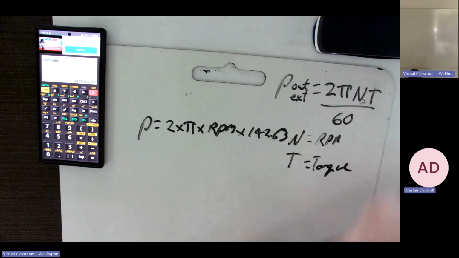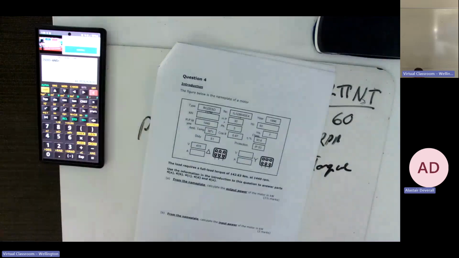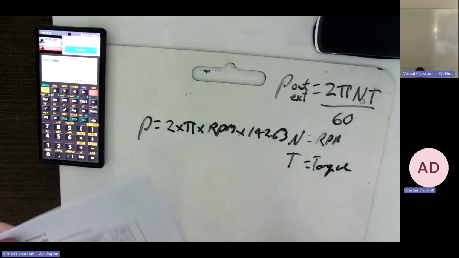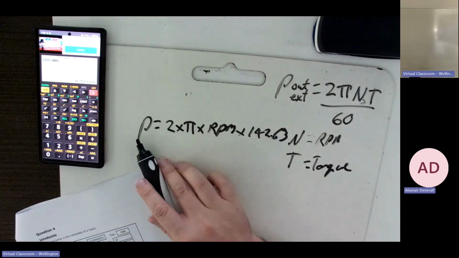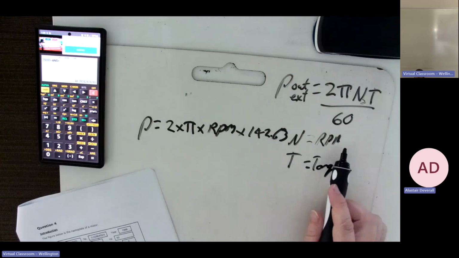And then what I missed, going back to question 4, because my challenge for why I got stuck is we have a power, we do not know the power, and we have an RPM.